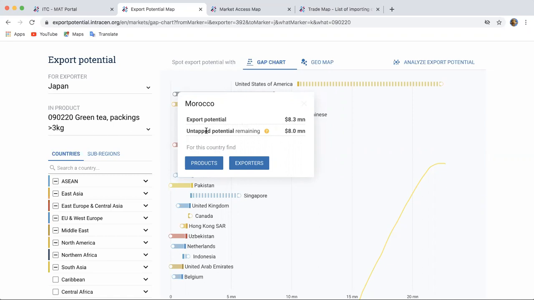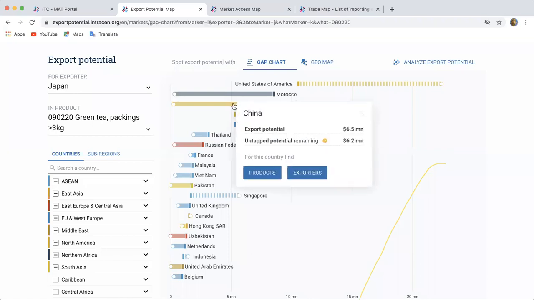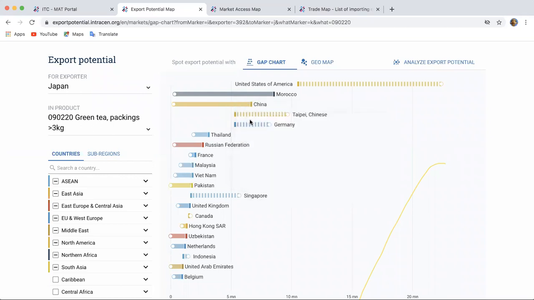So most of the export potential is actually still untapped. That's why this one is popping up, even though we haven't seen it as an actual importer of Japanese green tea yet. And Japan, China seems to be a very similar story to Morocco.